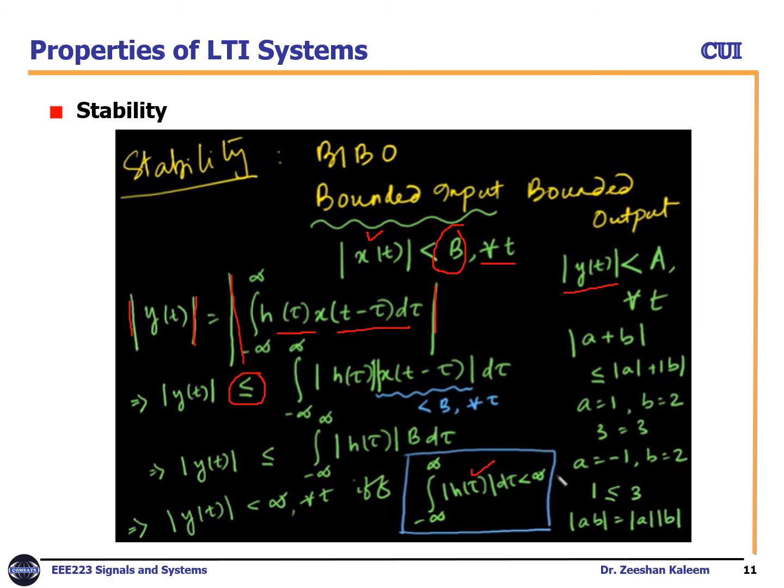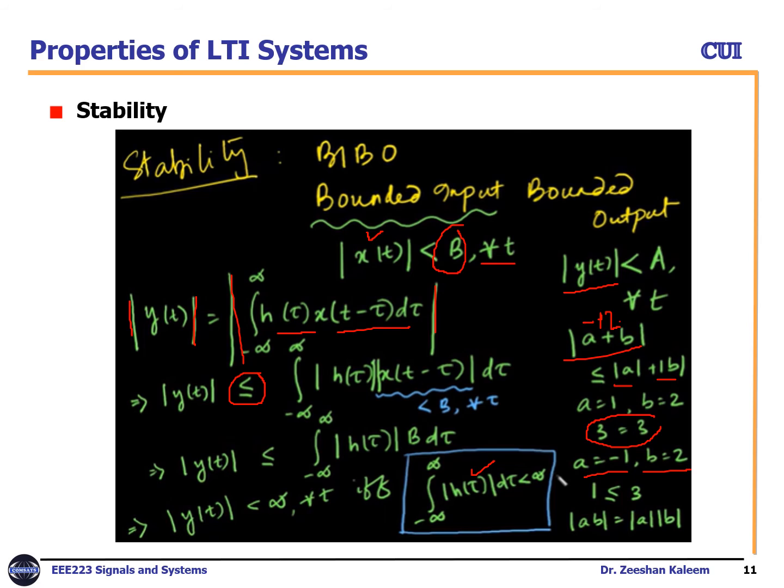Why is it less or equal? Due to this property: absolute of a plus b is always less than or equal to absolute of a plus absolute of b. For example, if you take a equals 1 and b equals 2, then both are 3, right? So it is equal. But for example, if you have a equals minus 1 and b equals 2, then minus 1 plus 2 gives the result 1, right?